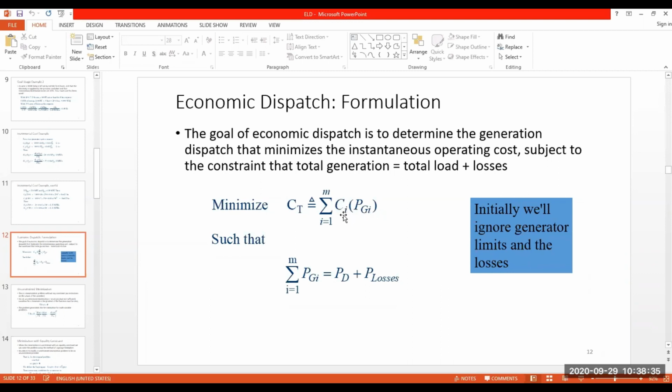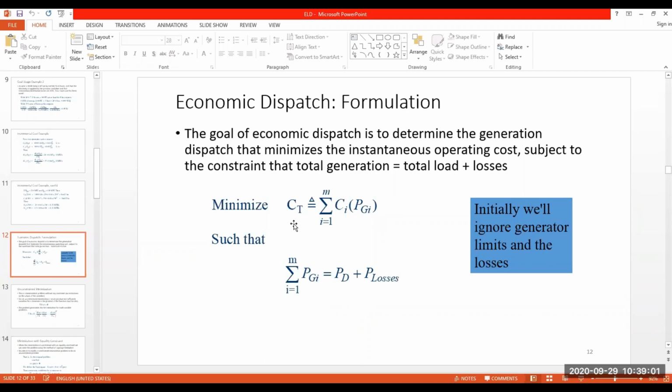So the ith generation is linked with the fuel cost of the ith machine. There is no coupling between the jth machine and the ith machine's fuel cost. So they are decoupled.